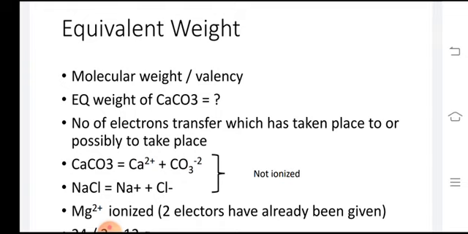So that's why it is important for us to understand this term that is called equivalent weight.